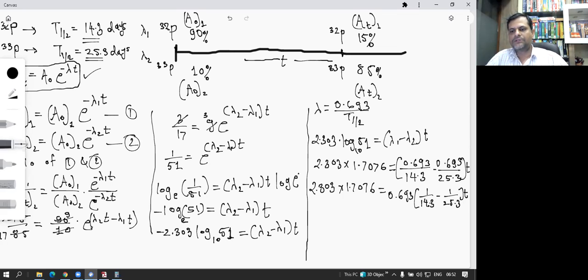Here we can just take the reciprocals of both of these numbers. So 2.303 into 1.7076 kept as it is, equal to 0.693 also kept as it is, and just take the reciprocal of this 14.3 using the reciprocal number table.